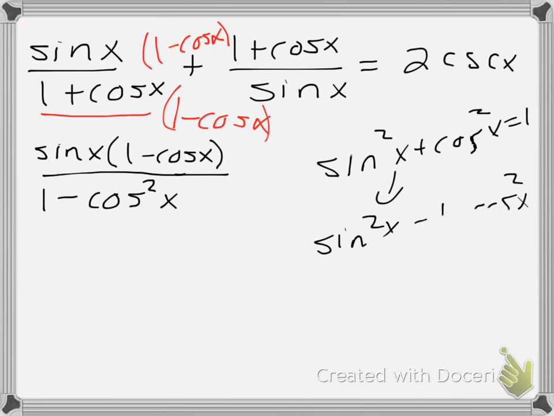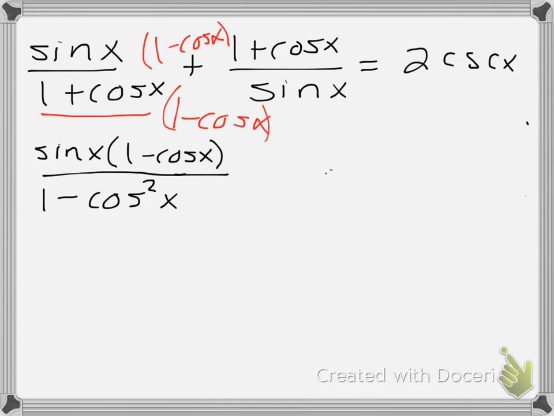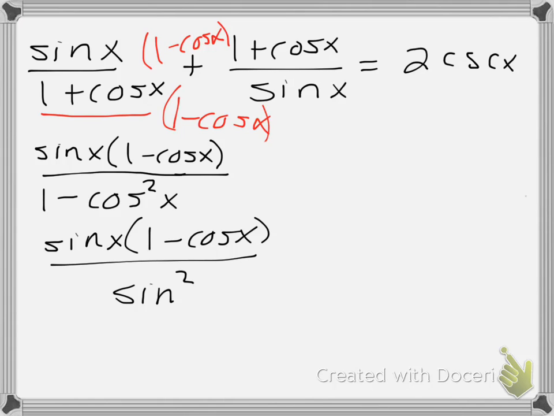So based off that, I can make a substitution and say now this is sine of x times 1 minus cosine of x over sine squared of x. I still have this over here. I've just been manipulating my 1 fraction.